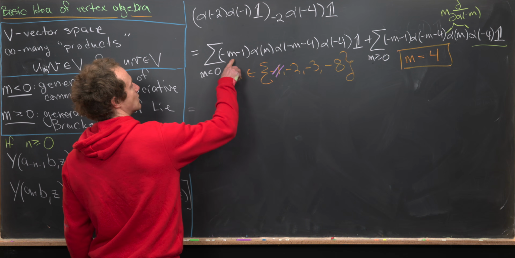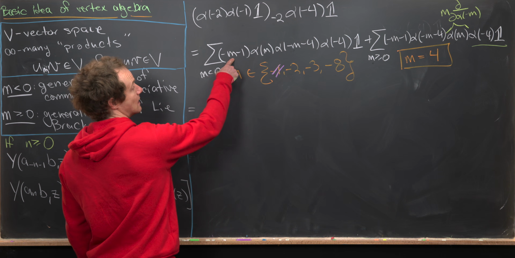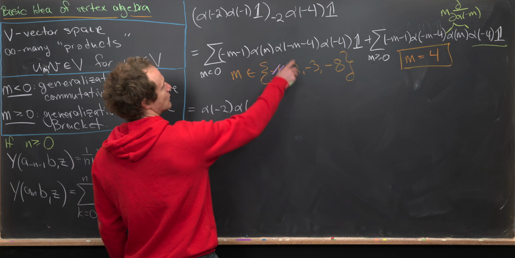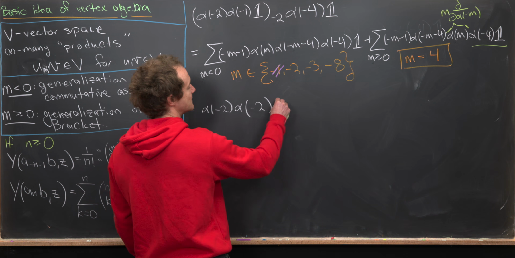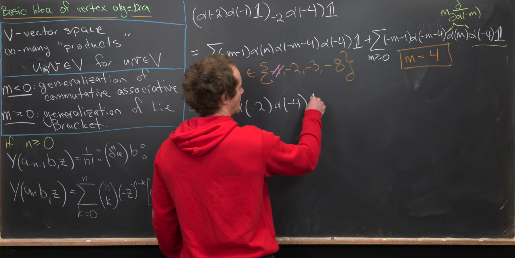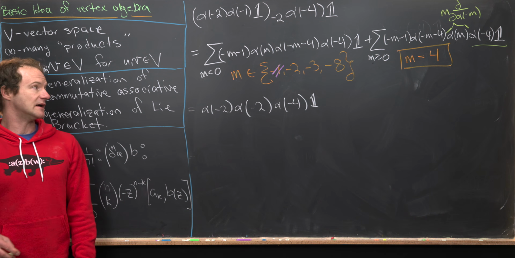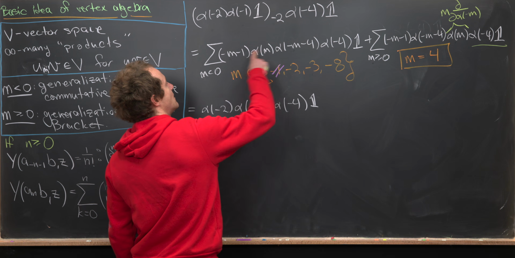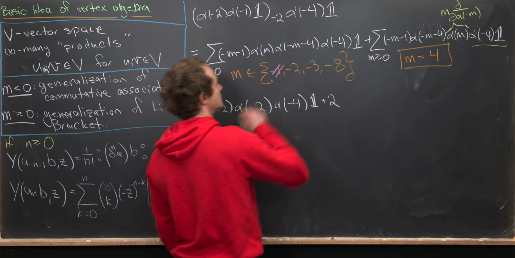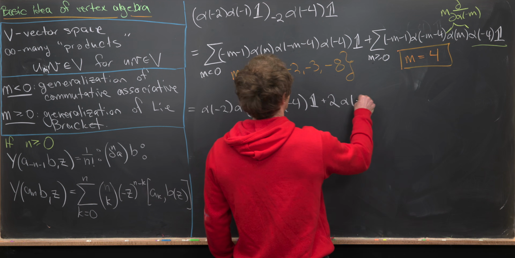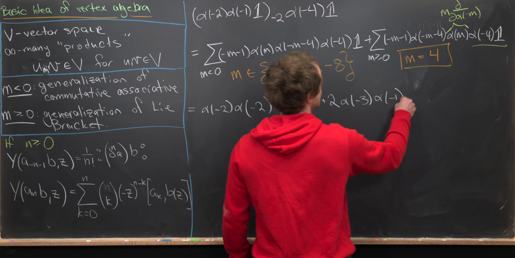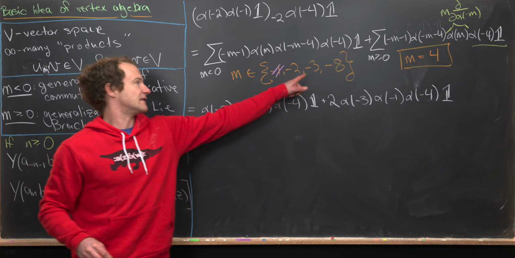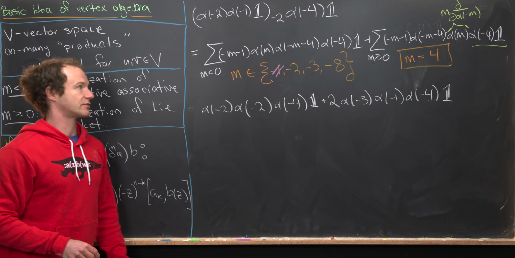That's going to give us the number 1, and then alpha -2, alpha, well, let's see, that's going to be another -2, and then alpha -4 on the vacuum. So that'll be our m equals -2 term. Now let's look at m equals -3. Plugging that in here, we get a 2. And then we'll have alpha -3, alpha -1, alpha -4 on the vacuum. So again, that's our m equals -3 term.